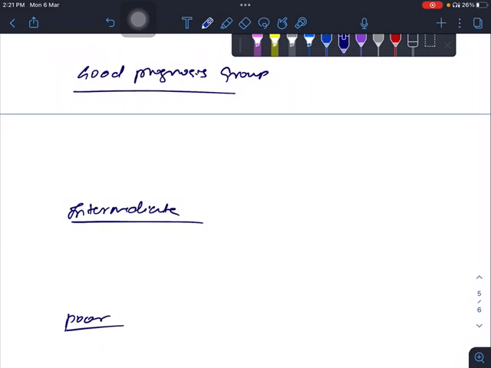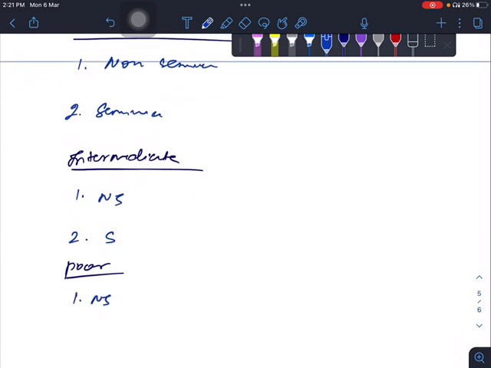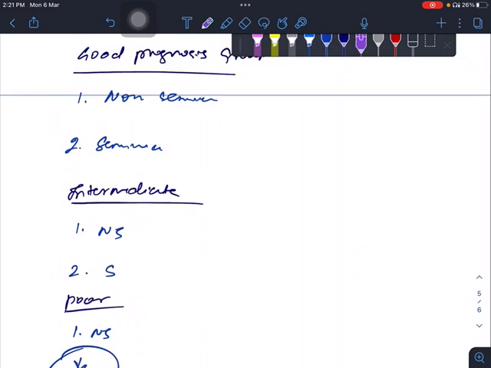So here comes the non-seminoma and seminoma. Poor prognosis group is only for non-seminoma, not for seminoma. This is one of the things which you should keep in mind.